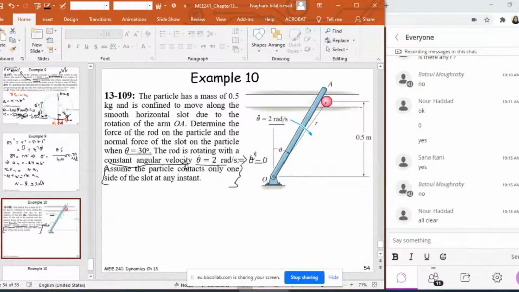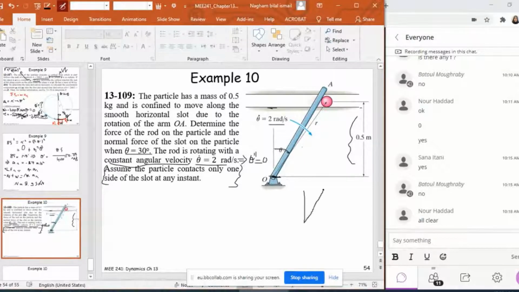I know theta dot, and I also know this distance right here, which means, guys, I'm gonna use this distance. Why? To find what, guys? What do you think? If I know this distance from this point to this point, and I know that this is theta and that this is R, all right?